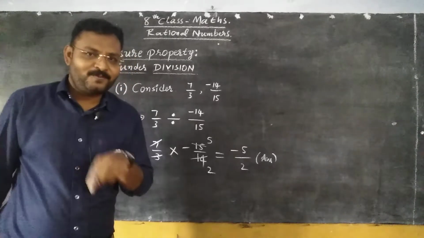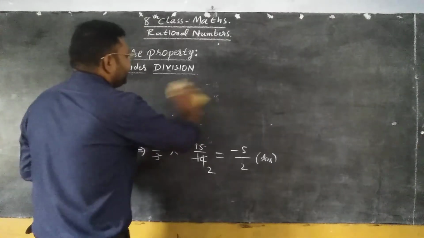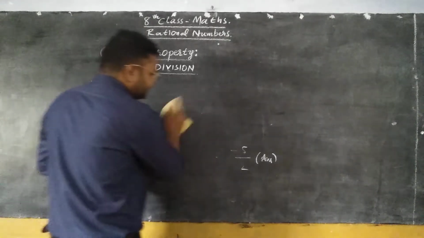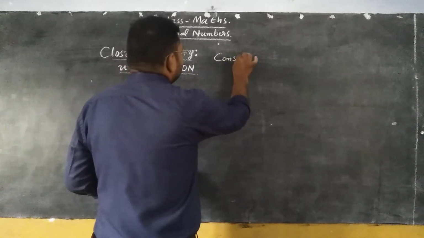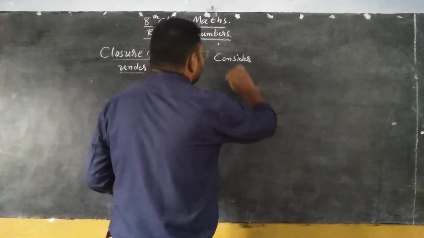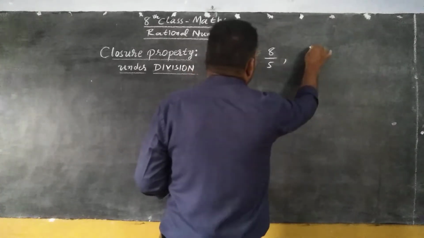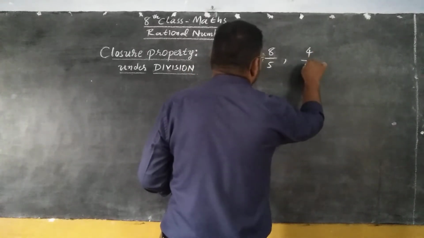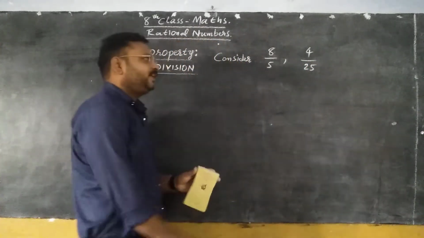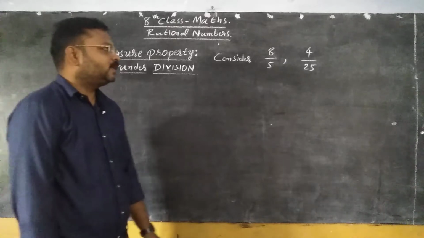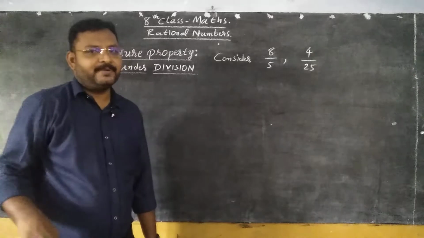Shall we discuss one more problem? Yes, very good. First, again you take any two rational numbers. For example, consider two rational numbers, 8 by 5 comma 4 by 25.